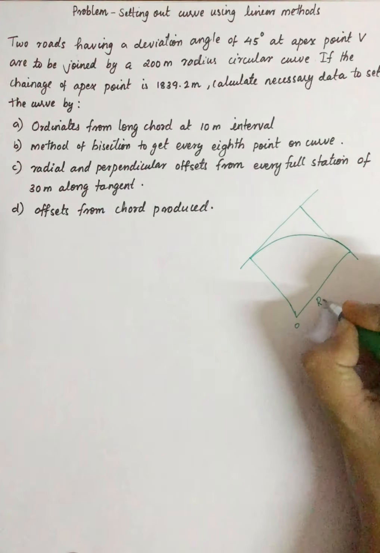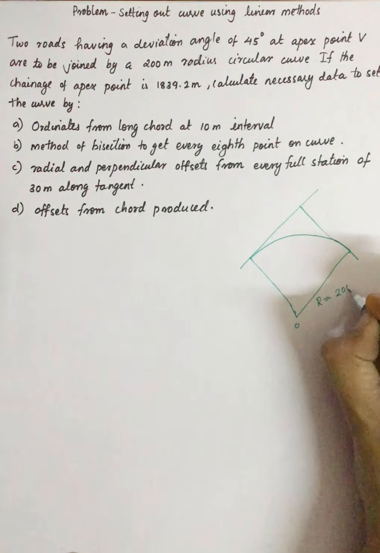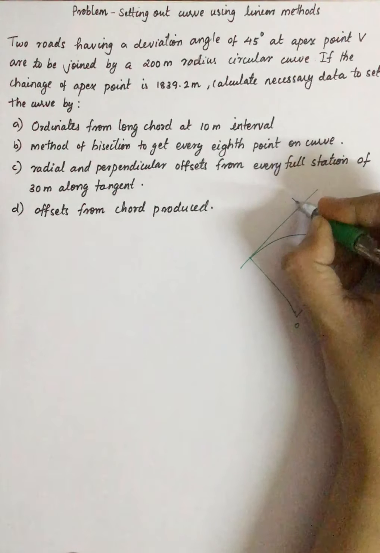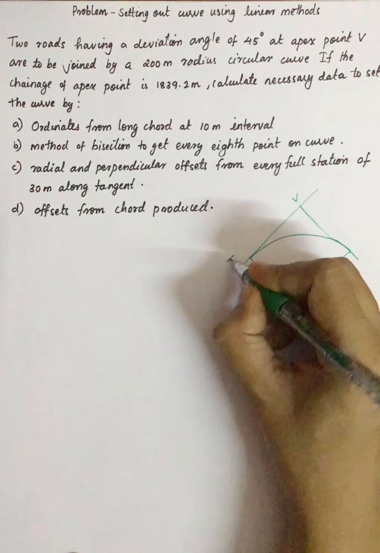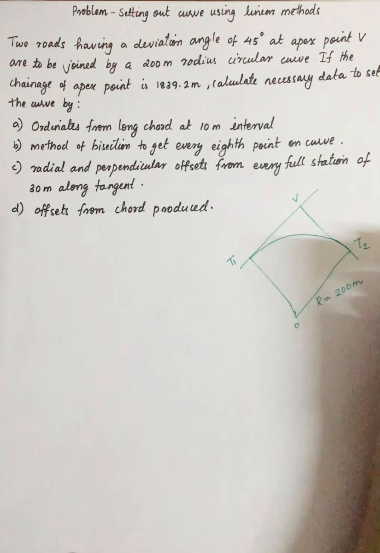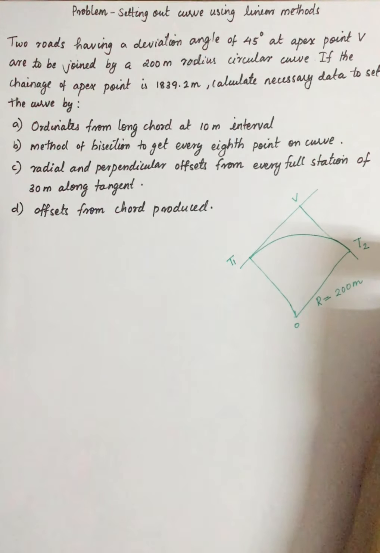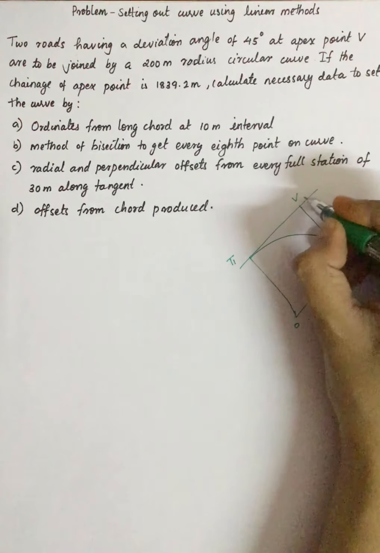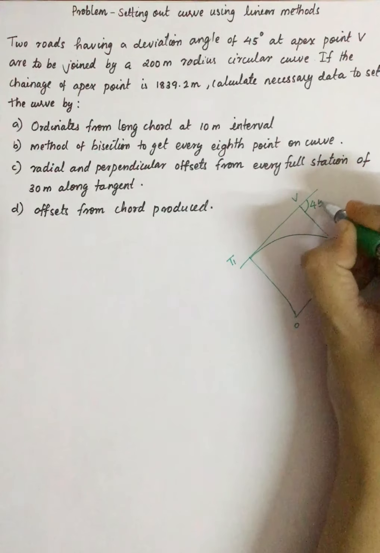So the radius they have given as 200 meters. This is the apex point V. This is the point of curvature T1. This is point of tangency T2. So the deviation angle is 45 degree.